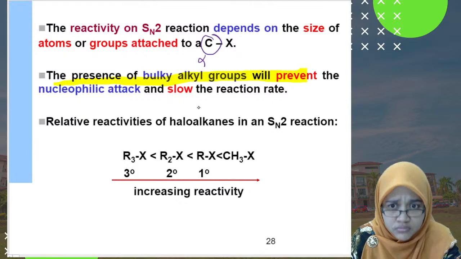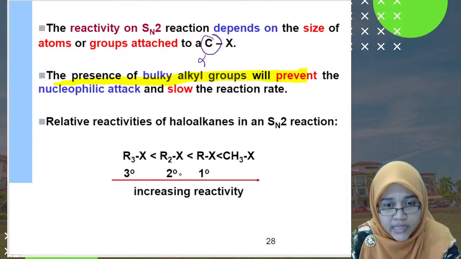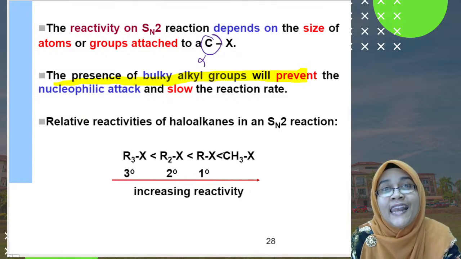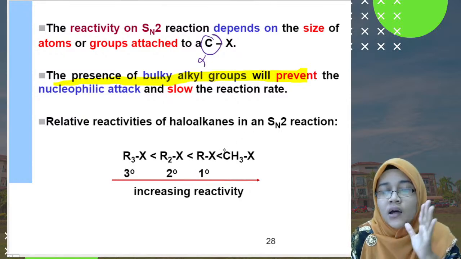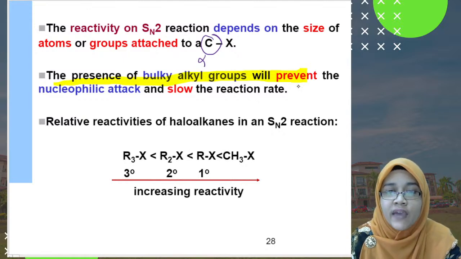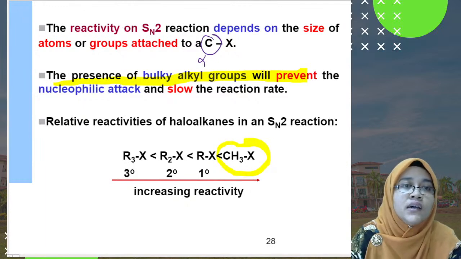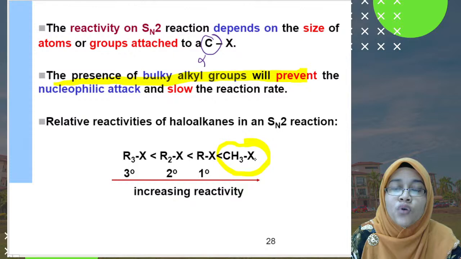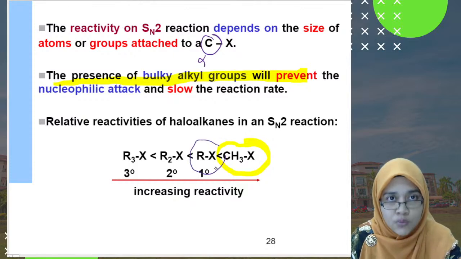So the reactivity of SN2 actually depends on how few alkyl groups block the alpha carbon, the steric effect. So methyl haloalkane is the fastest, favorable to undergo SN2, and primary is the second one, right?